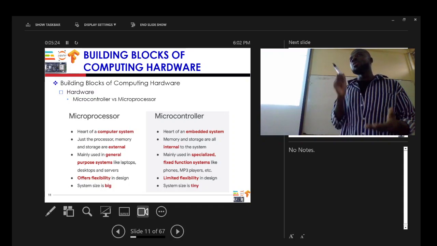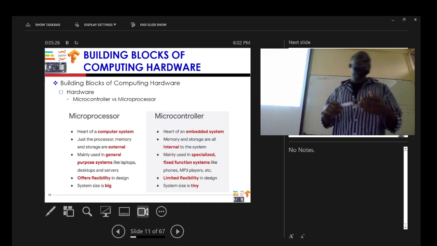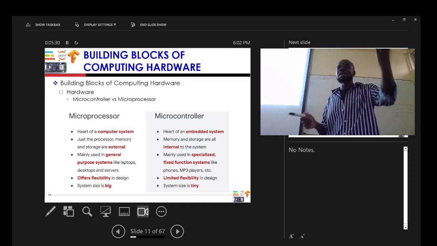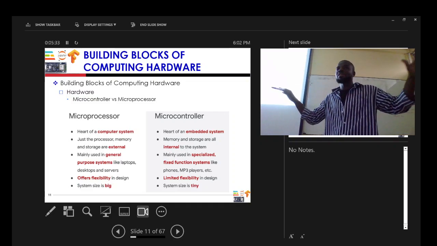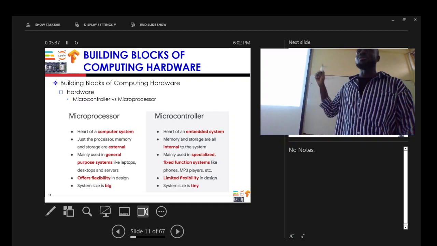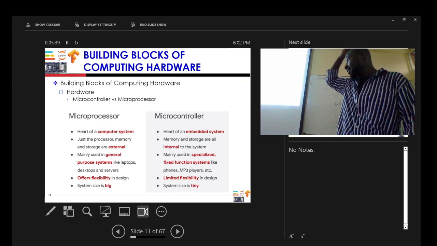The CPU on your PC can run Word, and any application you design for it. So it is more flexible than the microcontroller. Understood?